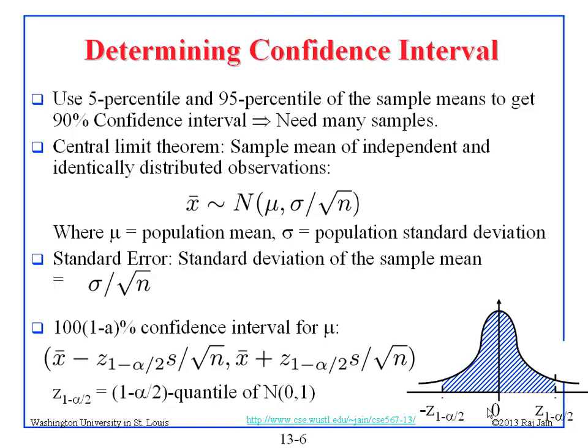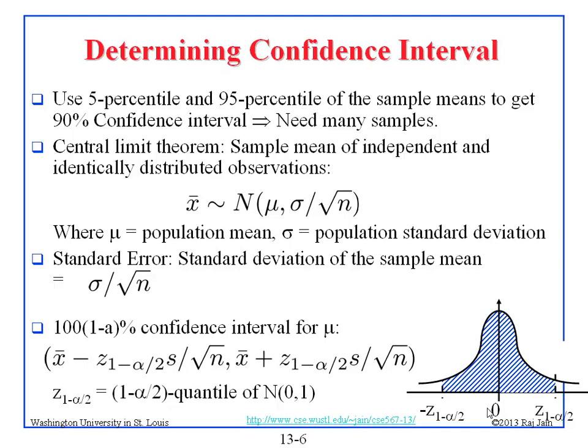Now, there are a few multipliers here, let's understand those too. So one thing we understood is that the sample mean is normally distributed because the central limit theorem told us so. However, there are two more things.